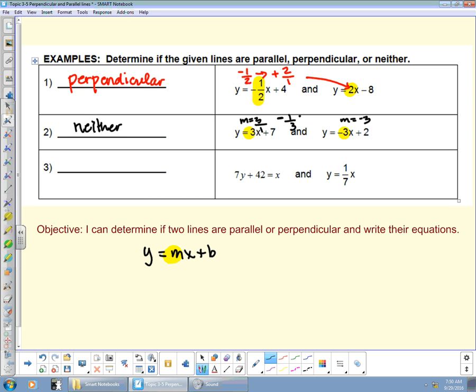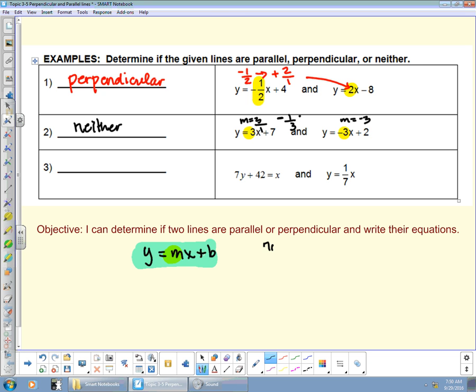All right. And problem number 3, we're going to have to do a little bit of work here. I have 7y plus 42 is equal to x. Well, if I notice, that equation is not in y equals mx plus b form. And so what I need to do is I need to transform this equation.